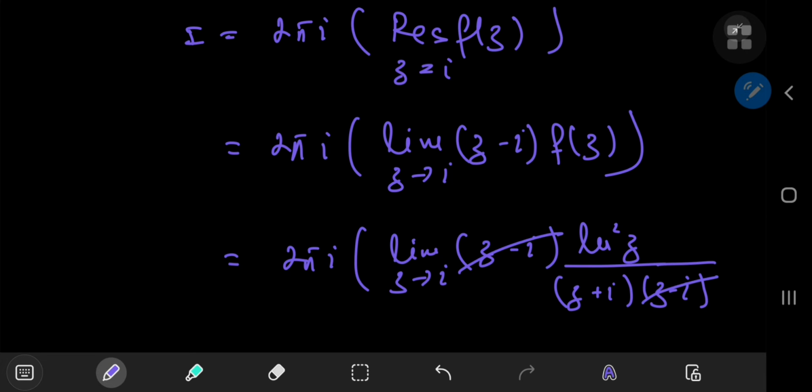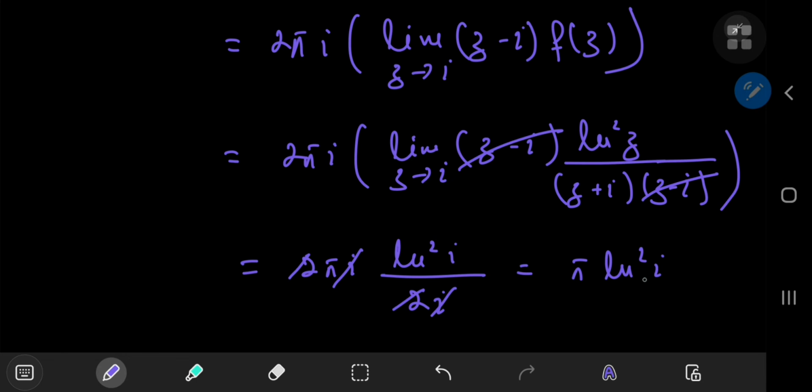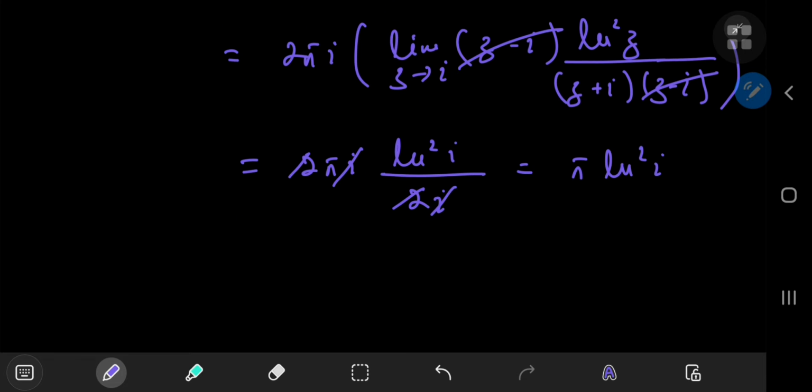So these two terms cancel out, and after evaluating the limit you're left with 2 pi i times the square of the natural log of i divided by i plus i, which is 2i, right? So the i's and the 2's cancel out, and you're left with pi times the square of the natural log of i.